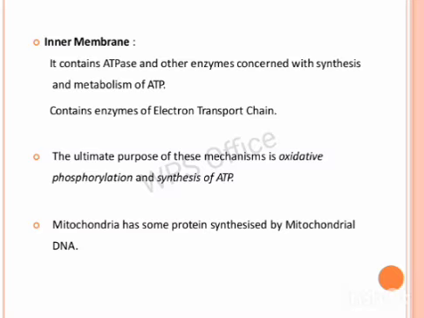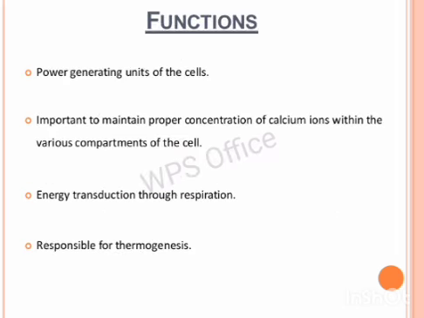Mitochondria have some protein synthesis. Functions of mitochondria: power generating units of cells, important to maintain proper concentration of calcium ions within the various compartments of the cell, energy transaction through respiration, responsible for thermogenesis.